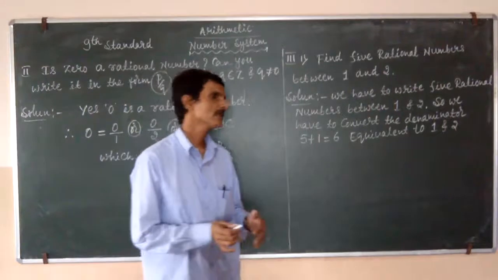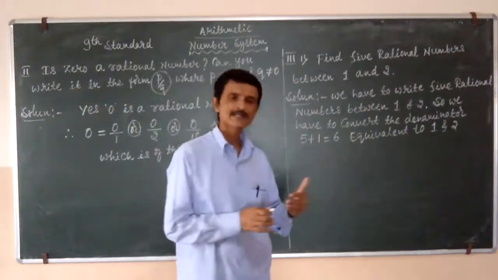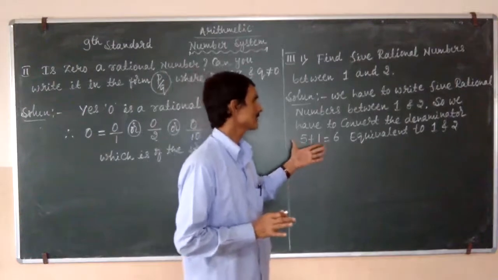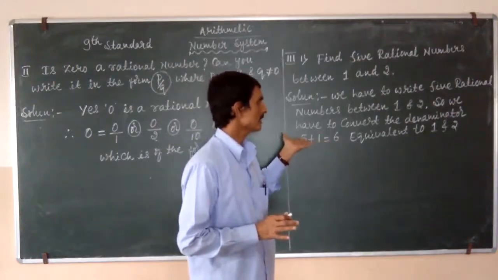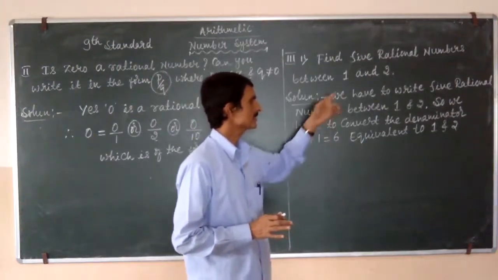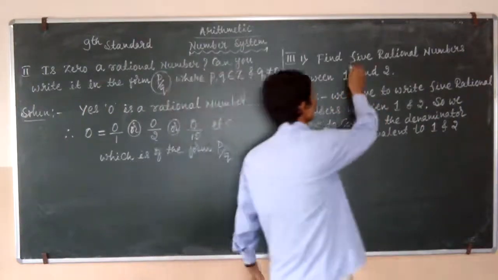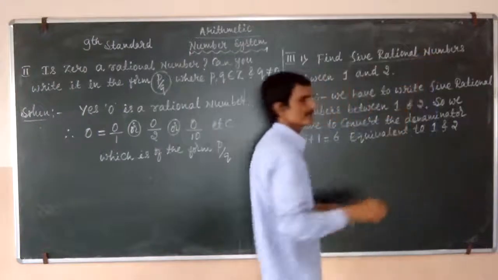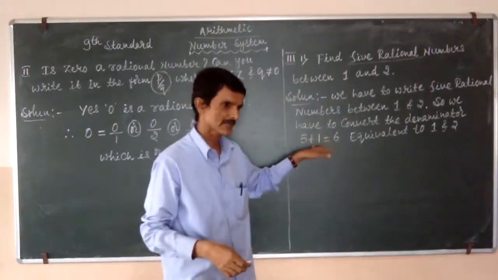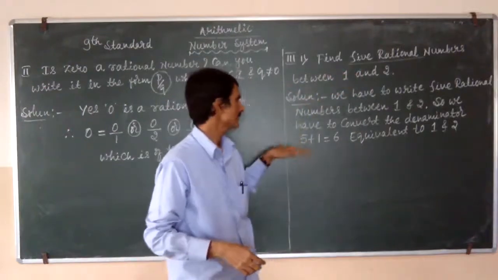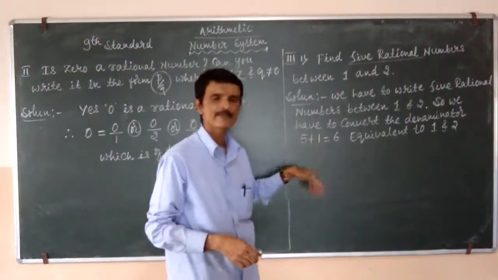That means we have to add 1 for how many rational numbers we are going to write. So if we want to write 5 rational numbers, we have to add 5 plus 1.